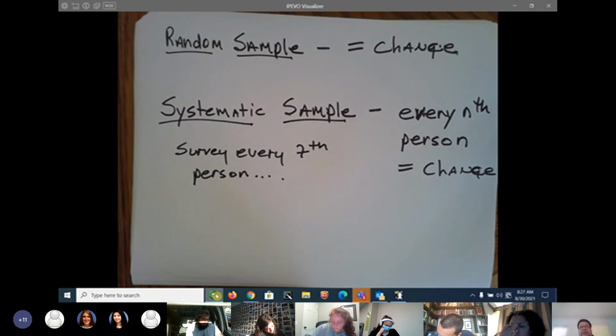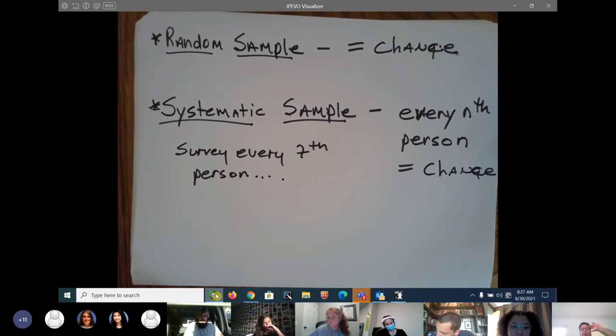Or every 10th person. If I tell you to go through the phone book of Anderson County and pick the last person on every other page, that is a systematic random sample. Make sure you know these two, because I will test you on them: random sample and systematic random sample.